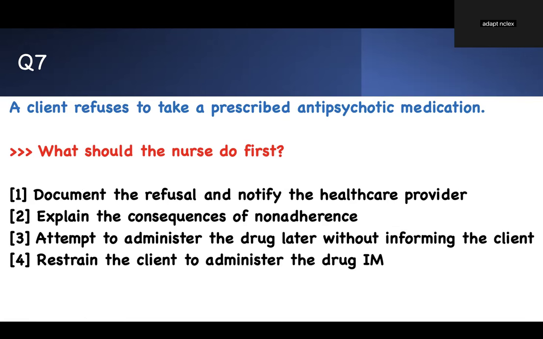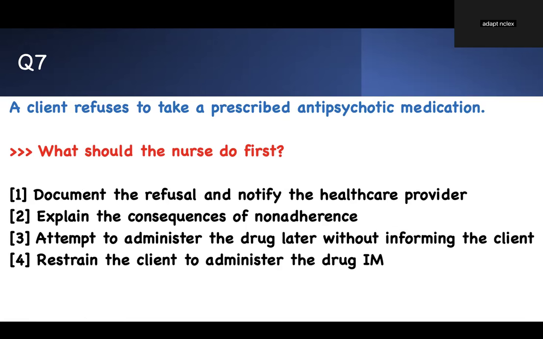What do you think? You are the nurse. Based on that, what do you do in that situation? I've given you the content. The patient has rights. So if he refuses, that's the end of the story. But you have to document and you have to let the doctor know. You should not explain the consequences of non-adherence. There's no evidence of non-adherence.